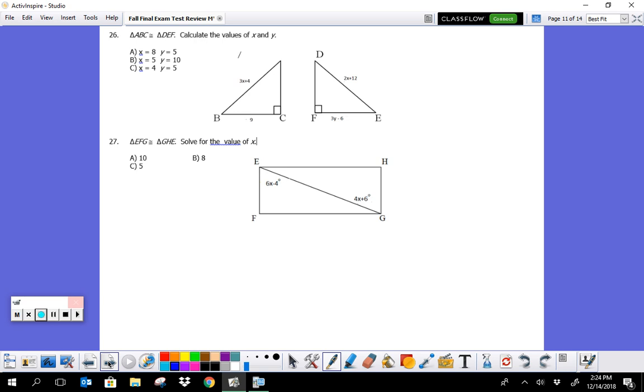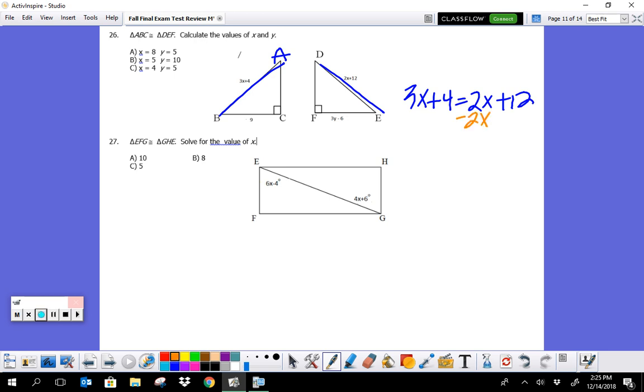Okay, number 26. Triangle ABC is congruent to triangle DEF. Calculate the values of x and y. So just looking at that congruent statement, and this is missing an A up here, you can see that AB is congruent to DE. So I'm going to set those equal. So 3x plus 4 equals 2x plus 12. I'm going to start out by solving that.